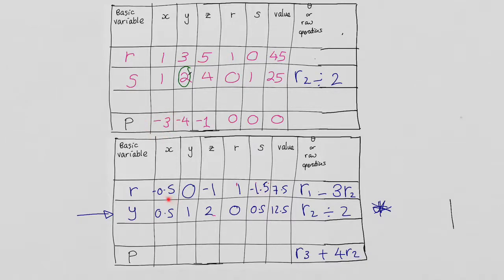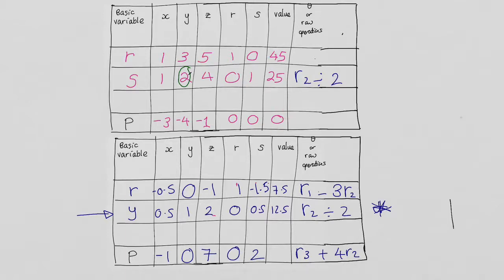-3 plus 4 lots of a half gives me -1. -4 plus 4 lots of 1 goes to 0 as wanted. -1 plus 4 lots of 2, 7. 0 plus 4 lots of 0, oh thank goodness, nice easy one. 0 plus 4 lots of a half, 2.